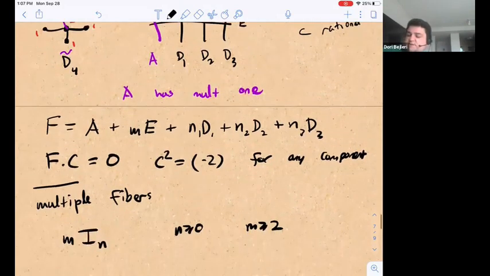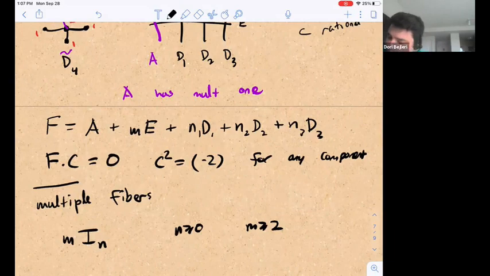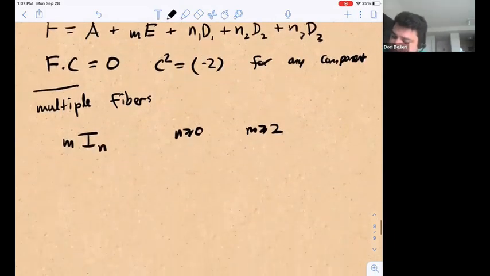And we secretly saw these multiple fibers appear when I used the canonical bundle formula at some point a few classes ago. So I want to maybe make more explicit now the canonical bundle formula, now that we see all the possible fibers.